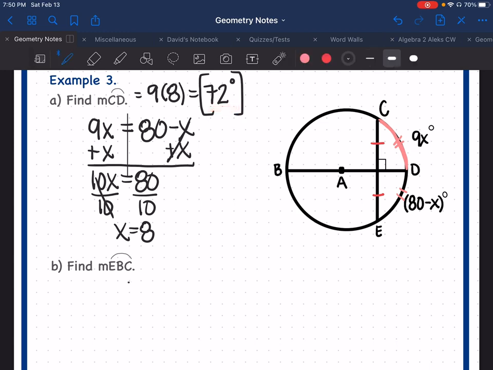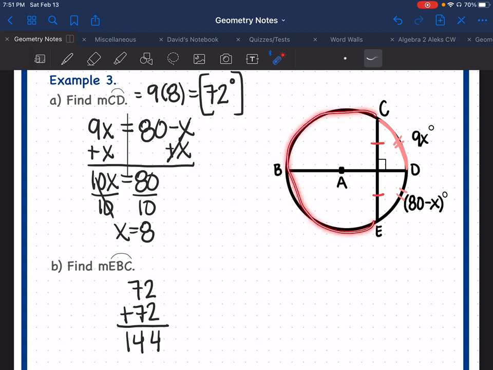So I'm going to say 72 plus 72, 144. Okay, but that only gets me here. They're asking me for this. EBC is this. I remember the total of my circle is going to be 360 degrees.